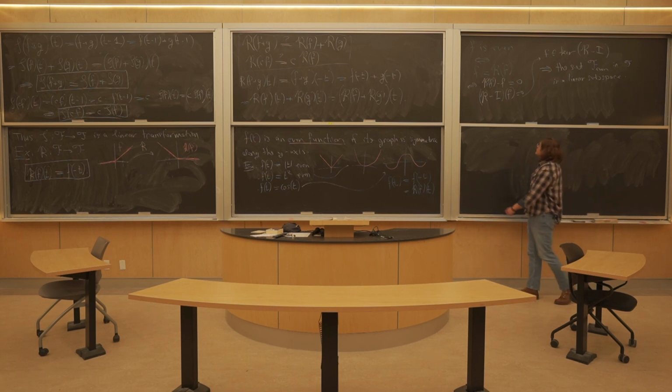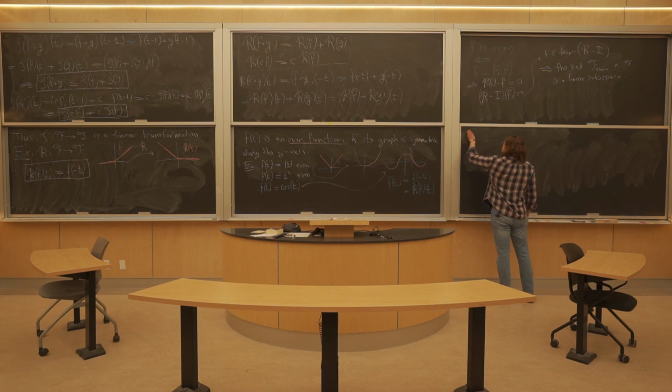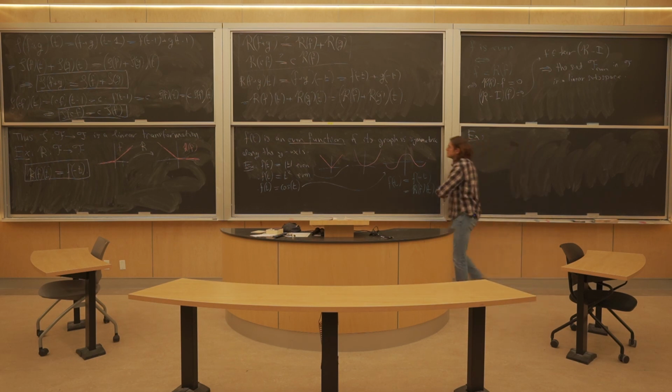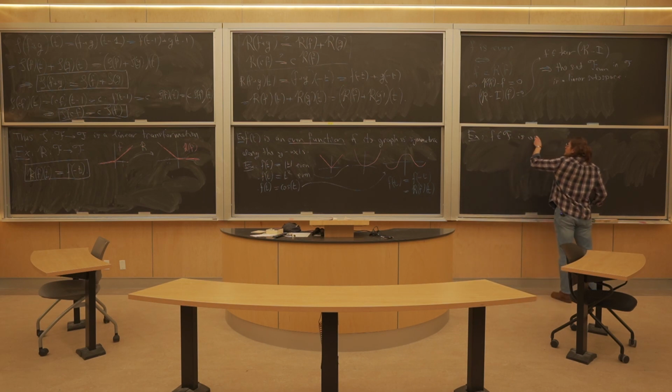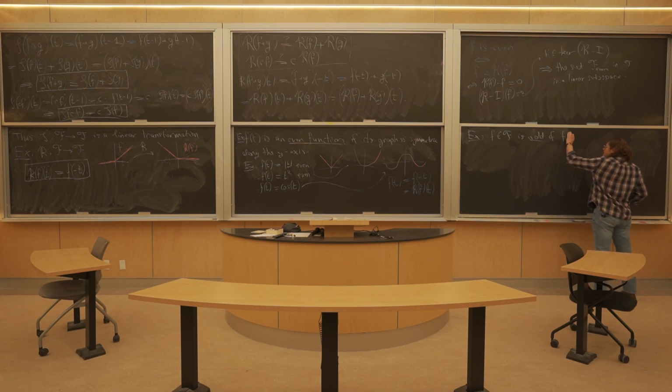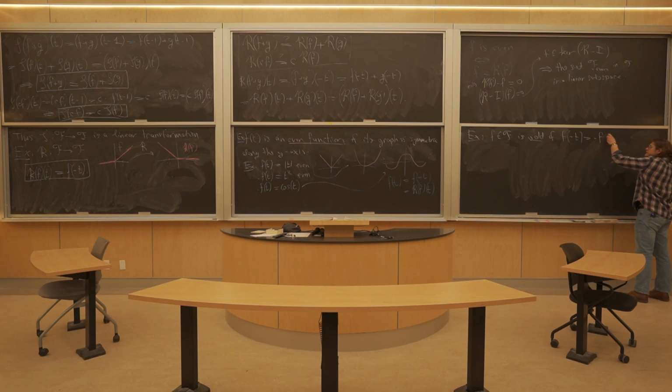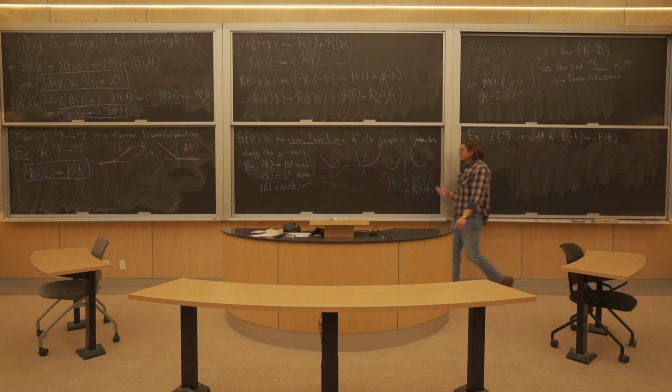Here's another example. A function is odd if f of minus t equals minus f of t. This still has some symmetry, but it's not quite like this.